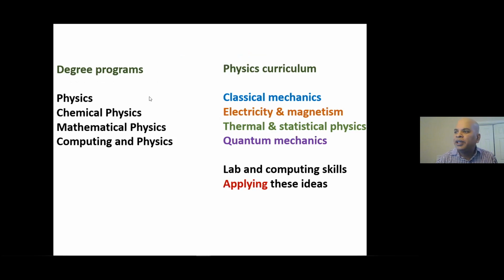Actually, the degree programs that we have here basically target towards a BSc physics degree, chemical physics, mathematical physics, and computation and physics. So in the chemical physics program, we have some courses which have significance towards chemistry. The mathematical physics program has more interesting and important advanced math courses.